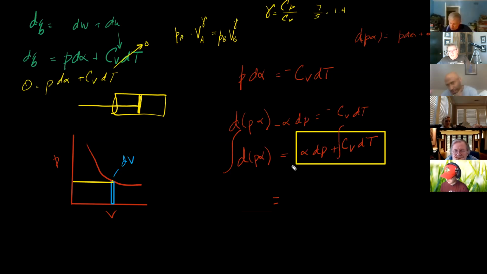I said you could just take the integration of both sides. This is easy. Integration of dT is T. But what's the problem over here? Can I integrate this guy? Can I integrate alpha dP?